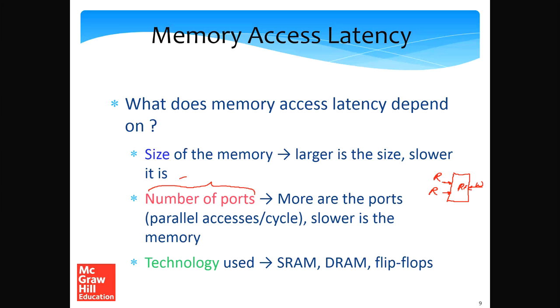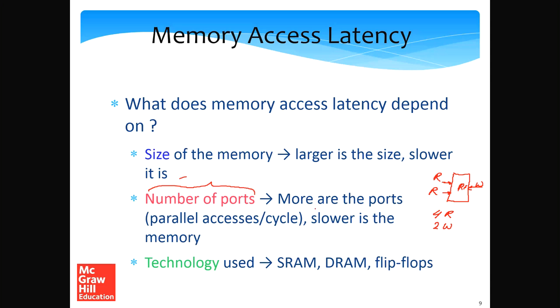We can always have a different kind of processor that, instead of one instruction, issues two instructions per cycle. What would this processor require? It would need 4 read ports and 2 write ports. 6 ports.